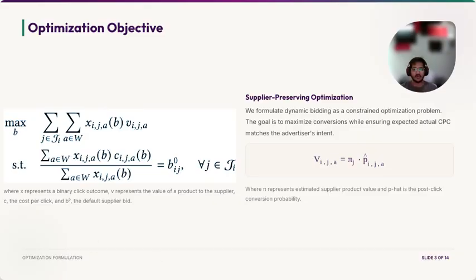This identification can be cast as an optimization problem of maximizing the value of any clicked product whilst preserving, on average, the advertising cost to the supplier.